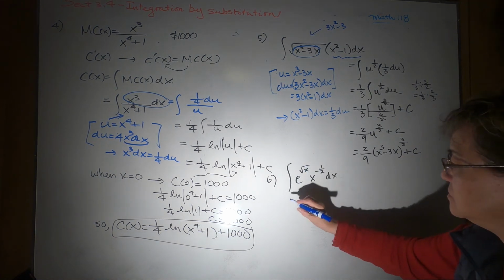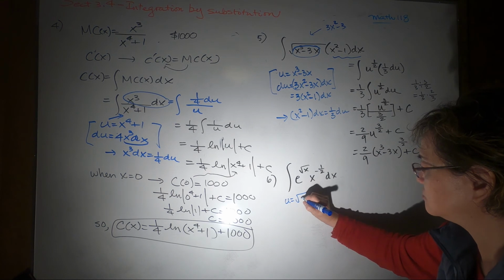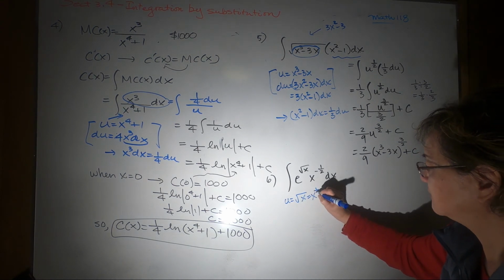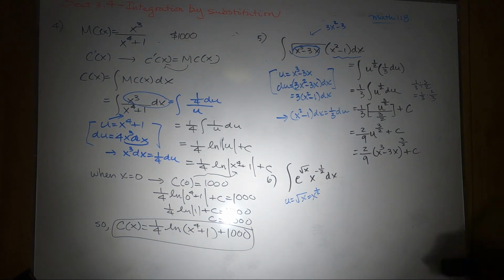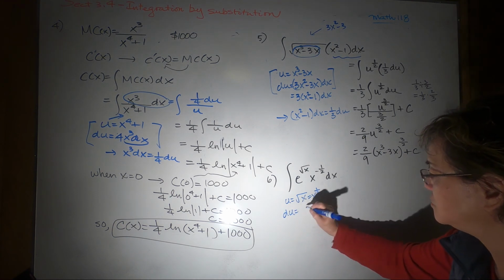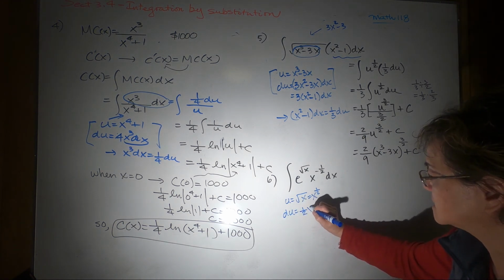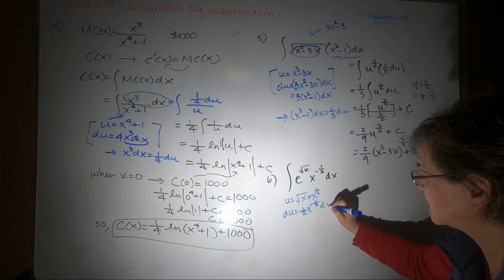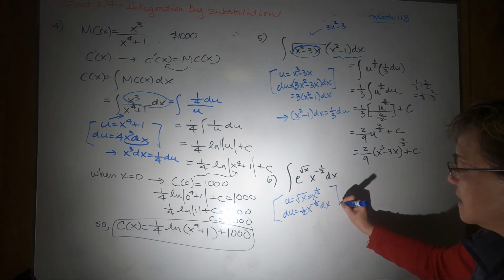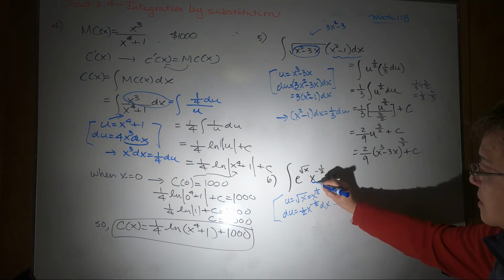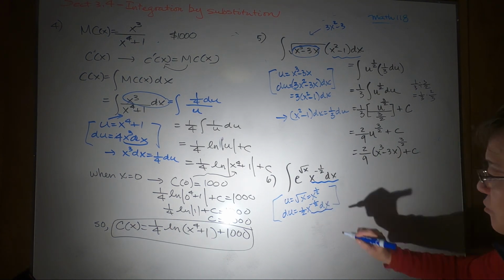So let's do u becomes what? Square root of x, which is x to the 1/2, right? Then if you take a du, drop one level, x to the -1/2 of dx. Is that right? Your u and du. Then we want to have this. That's what we want.